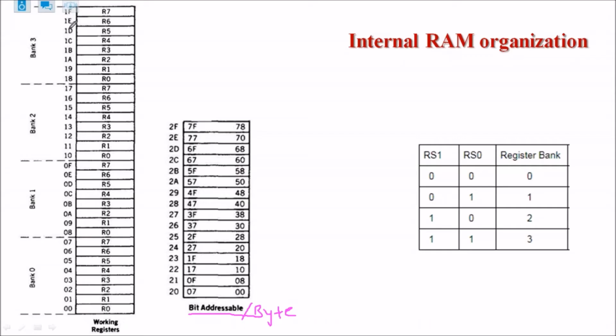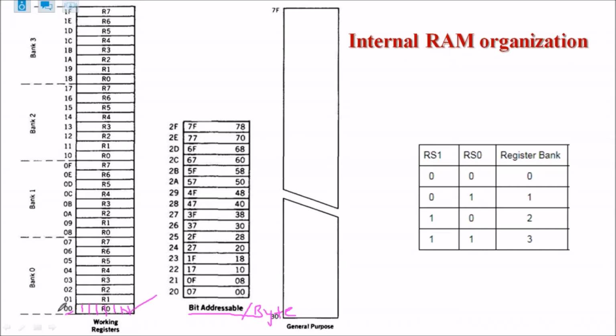This memory is byte addressable. So this address is of this 1 byte, where you can store 8 bits. The size of a register is 8 bits. R0, R1, all these registers are of 8 bit size. So you can store 1 byte at this address. That's why it is called byte addressable.